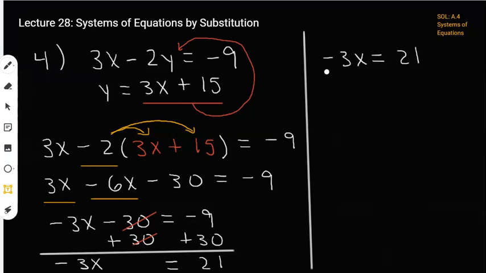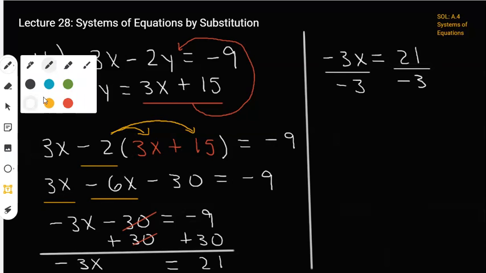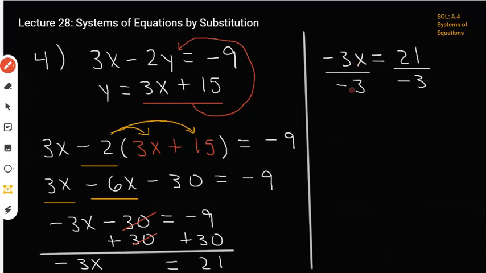So what I'm going to do is divide both sides by negative 3. When I do that, the negative 3 and the negative 3 on the left side cancel out, and I get x equals negative 7. So that's going to be my x value.